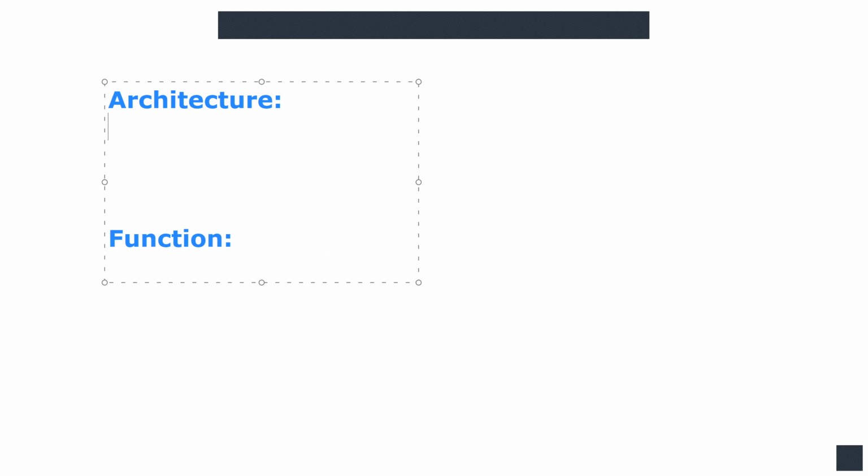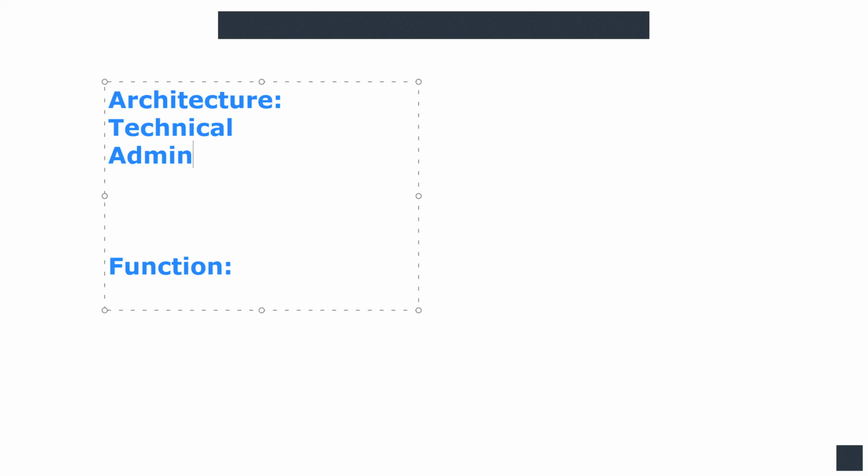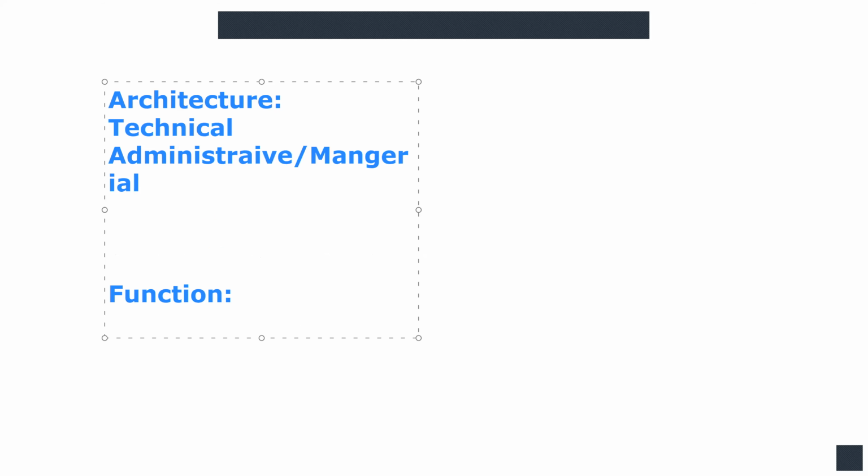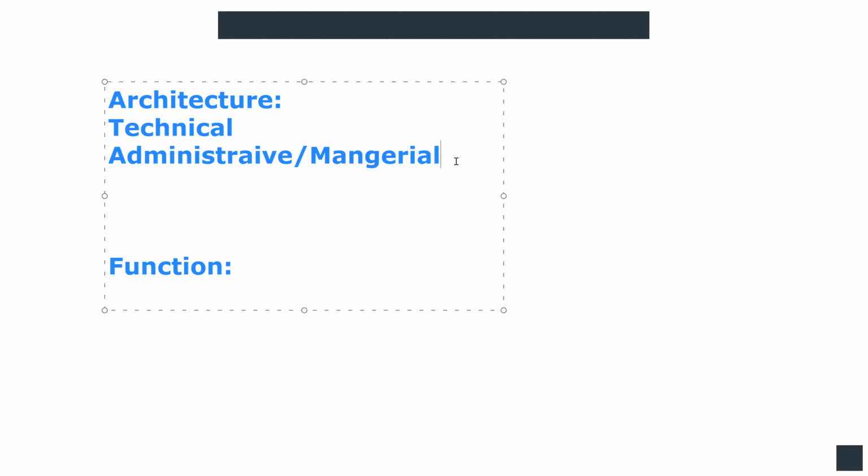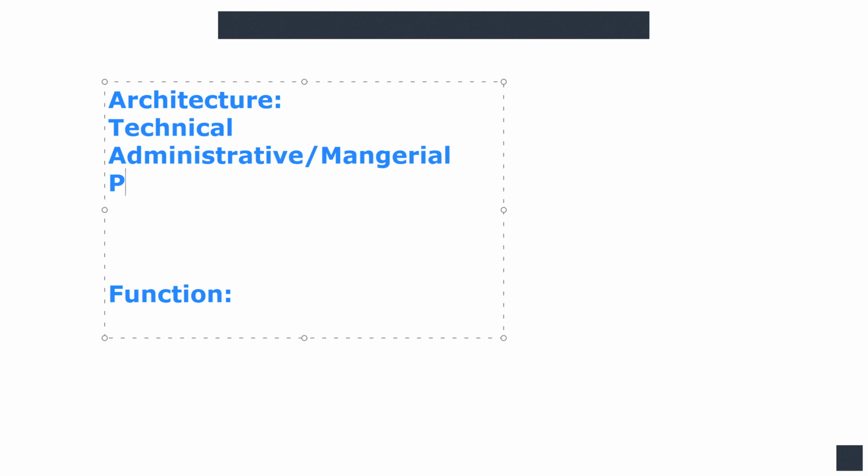Architectural controls can be technical, they can be administrative or managerial, and they can be physical.